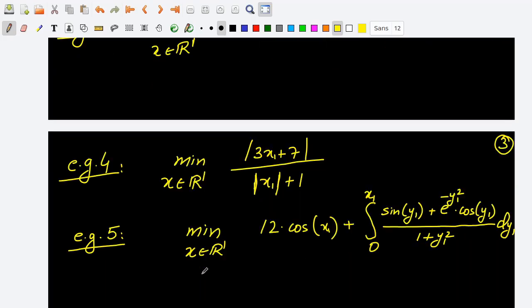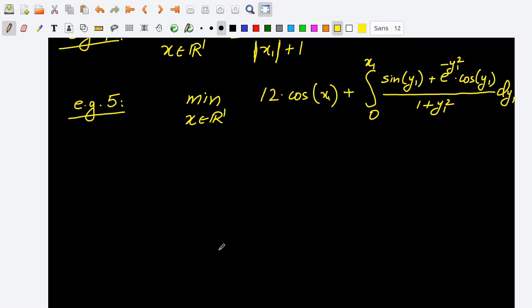Let's look at one more example where things are not very straightforward, but not too difficult either.